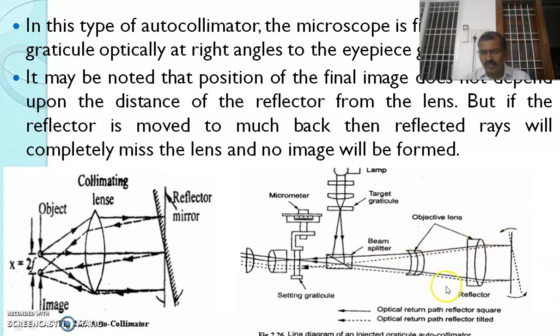It passes through the beam splitter and the setting graticule, and the angle 2 theta is measured. The distance O dash between the two rays can be measured. So this is the working principle of the autocollimator.